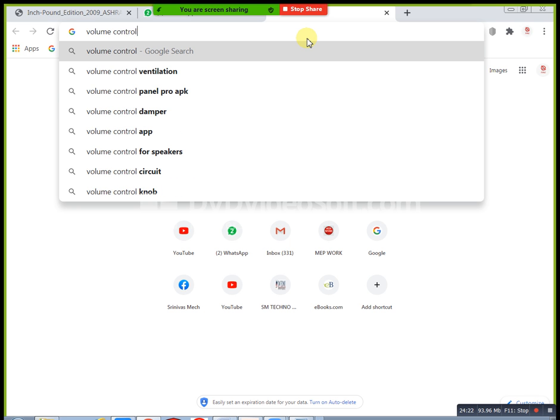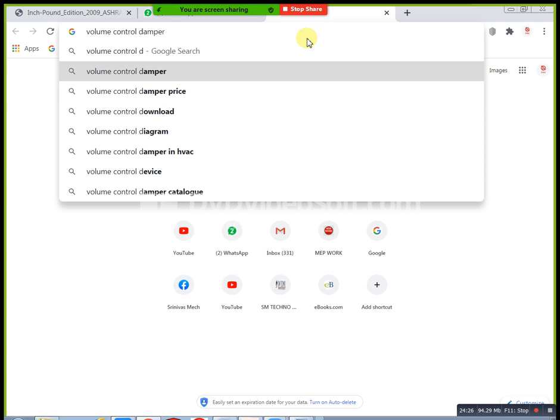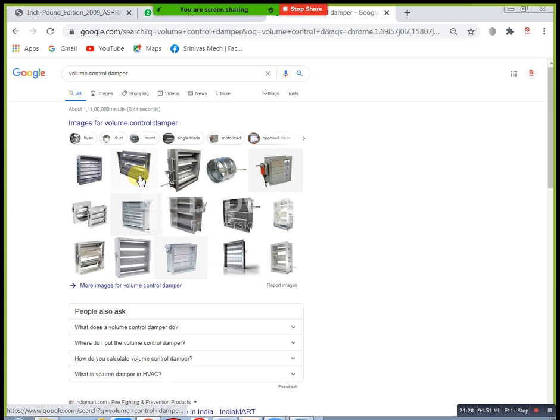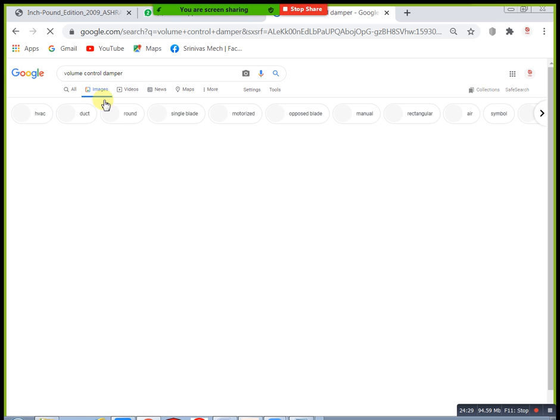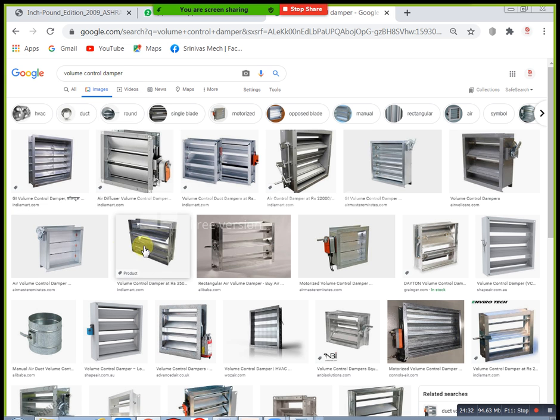See, these all we consider as volume control dampers. Based on your size you need to select this one. Why? Because for any company, we have standard sizes, and based on the standard sizes the same company prepares the dampers also.